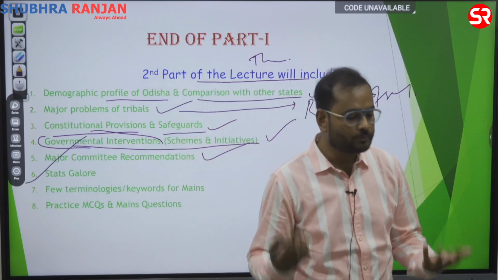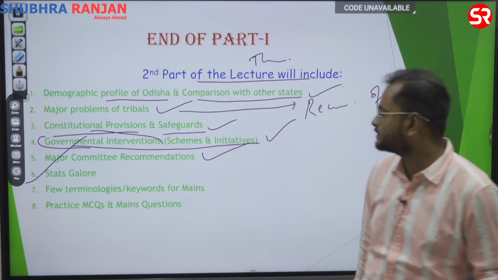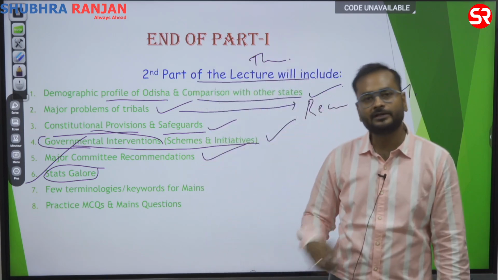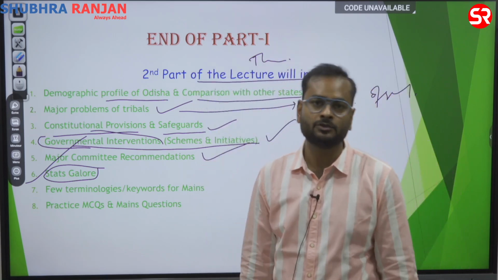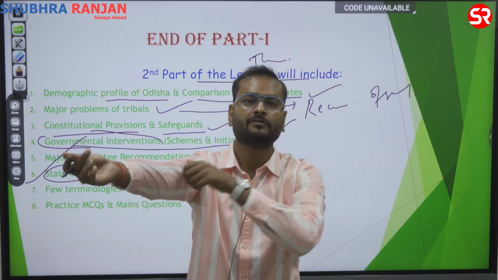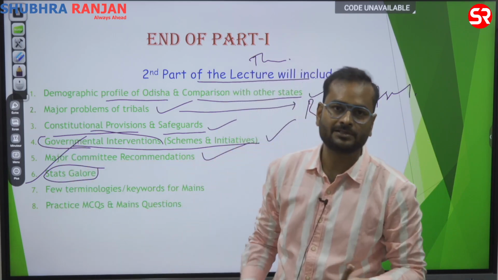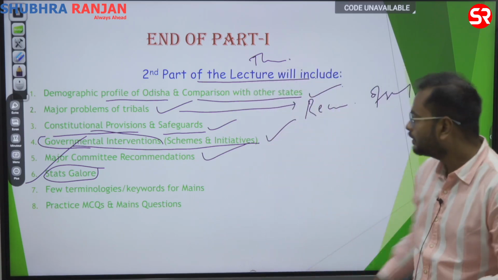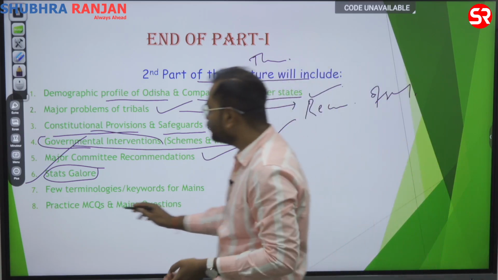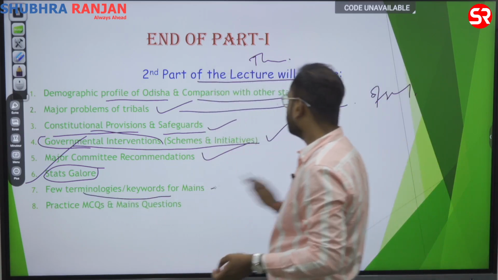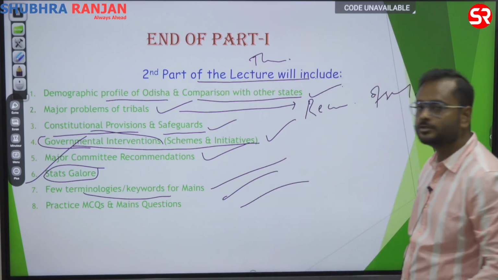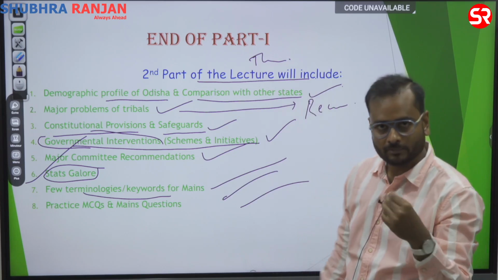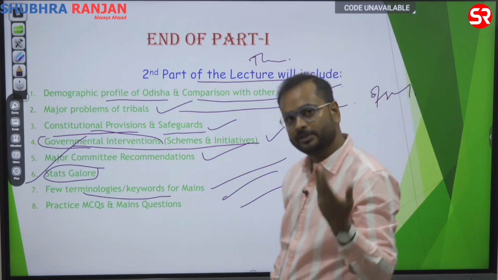We will be taking up abundance of facts. Stats galore means abundance of facts. So we'll take up those facts which are very pertinent to the examination, which can be expected to be asked in the examination. If not in the examination, you can use them in mains also. Then we'll be talking about a few terminologies or keywords for mains. I'll tell you a few terminologies. You can prepare at your own will also, but in the next lecture I'll be addressing those topics.